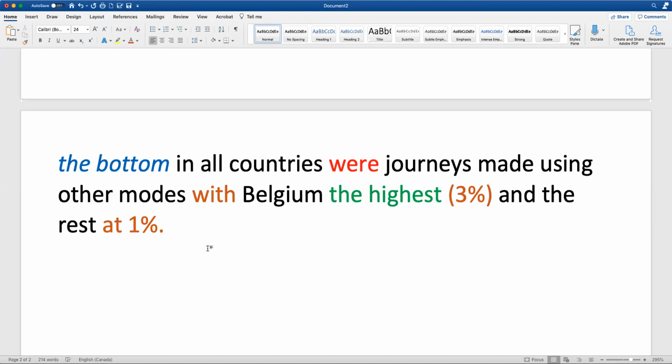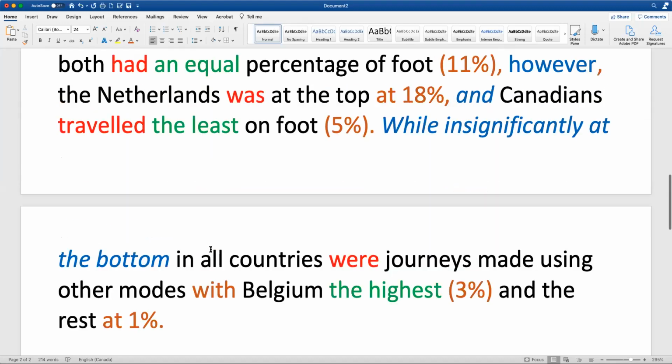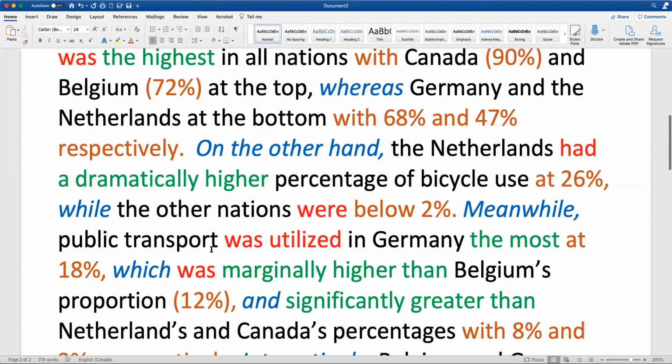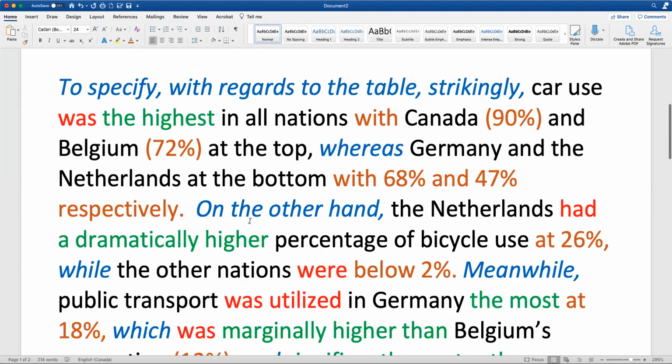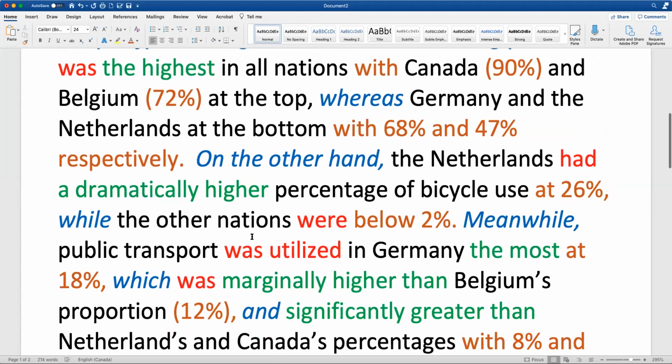Now what I did do, if you look carefully, is find a way to compare each variable. I said the Netherlands is the highest in this, the other ones are here. This one's the most here and the other one's here. This is what the higher levels need to do.